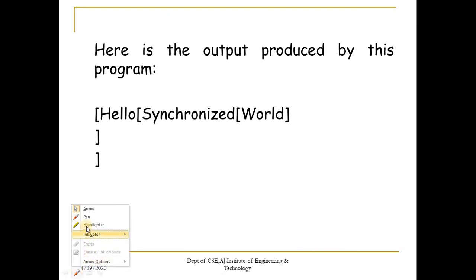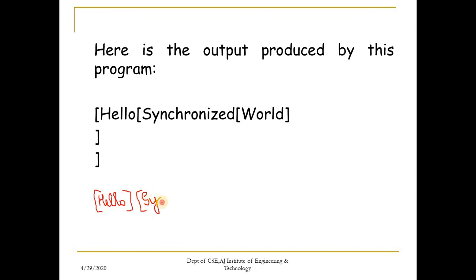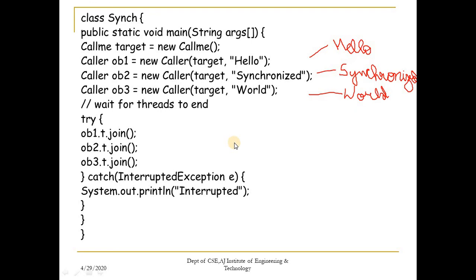Actual output, how it had to appear is, it had to come like hello synchronized world. The first thread had to finish its execution completely. Then the second thread had to print, correct, it is hello synchronized world.